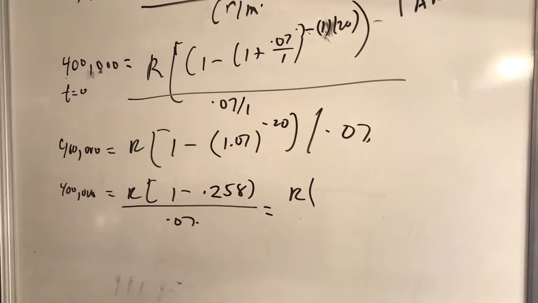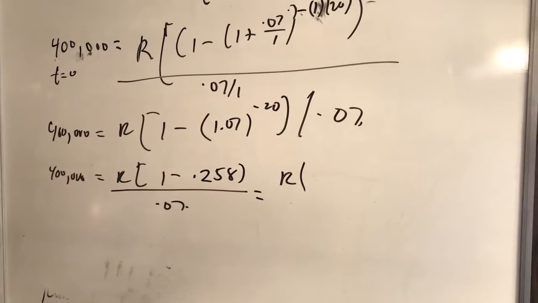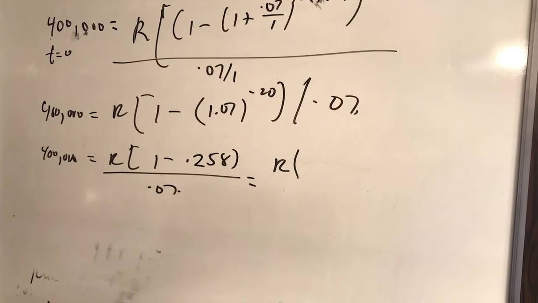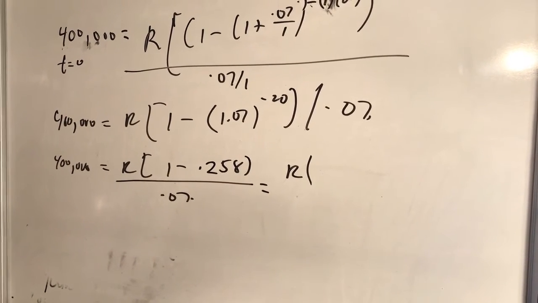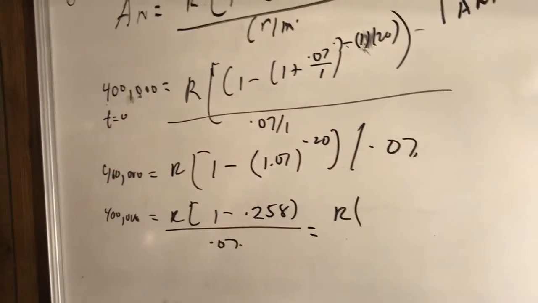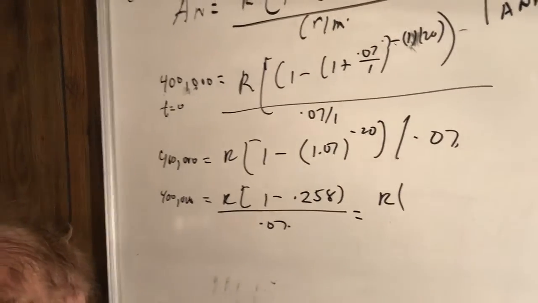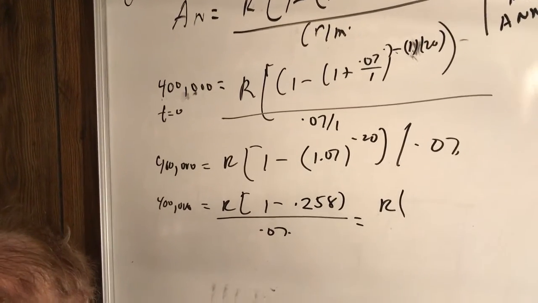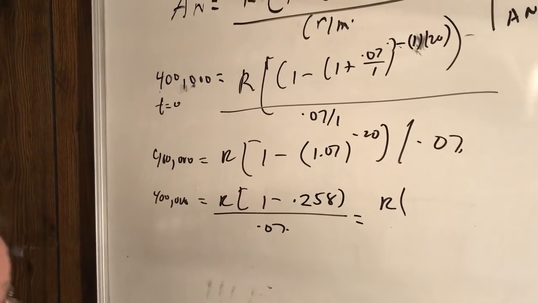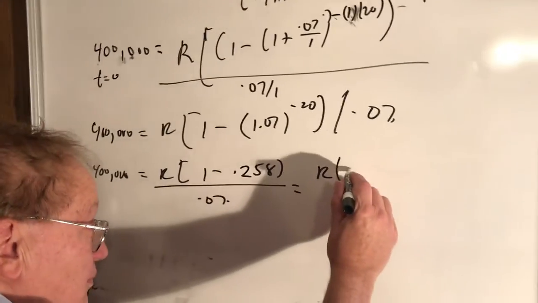It's going to be 1 minus 0.258. 0.516? Let's try that again. No, 0.742. I thought there was something wrong with that.